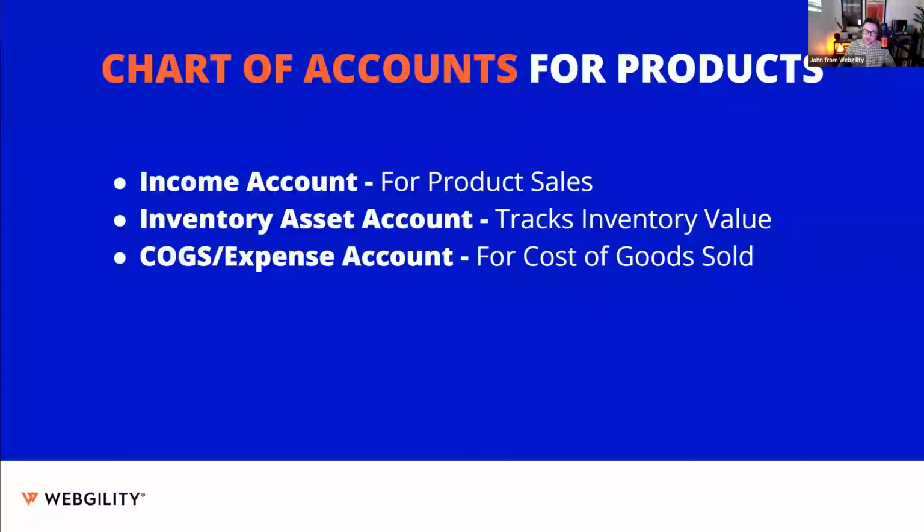We're talking about having an income account for product sales. If you have more than one sales channel, like Shopify, Amazon, eBay, Etsy and whatever, it's good to segment all of those separately from each other. Something a lot of people do first is just use the undeposited funds account, or a random bank account.